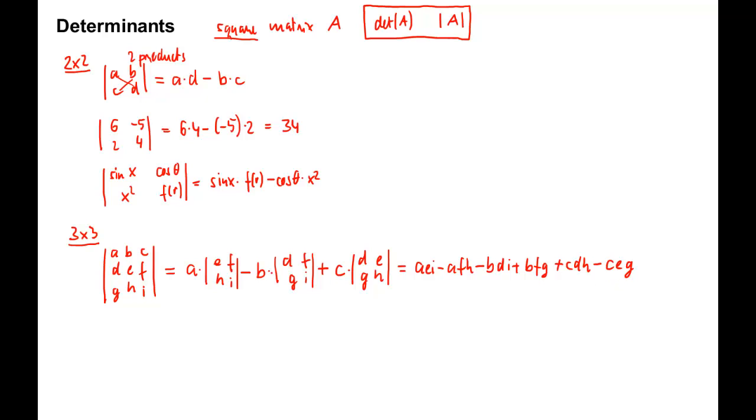So we have 6 products total. For higher dimensions, the procedure is analogous. So for a 4x4 matrix, we'll end up with a total of 24 products in the linear combination.